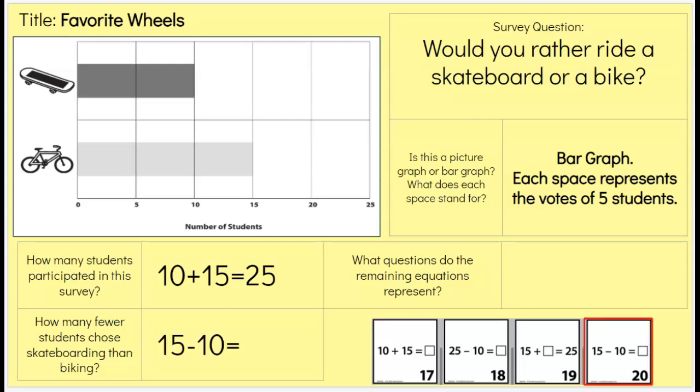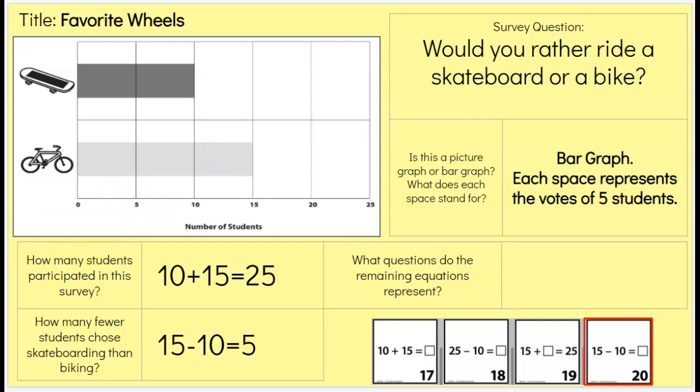Show a connection if you wrote the equation 15 minus 10 equals something. Good thinking. We know that we have 15 students that chose biking. More students chose biking. We want to take away how many students chose skateboarding. 10 students chose skateboarding. 15 minus 10 leaves 5 students.